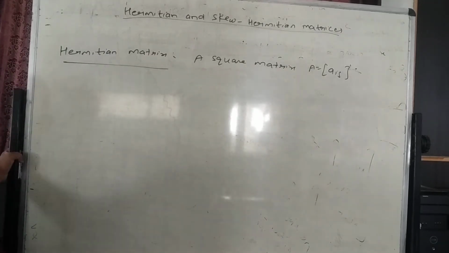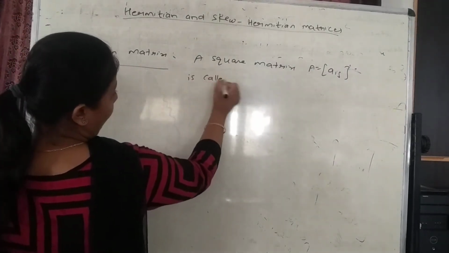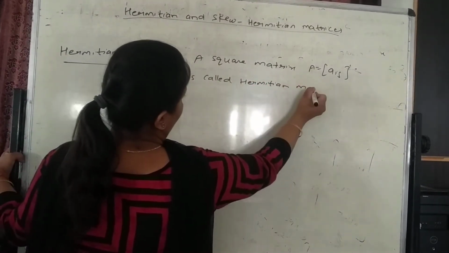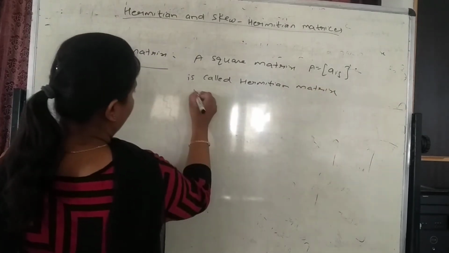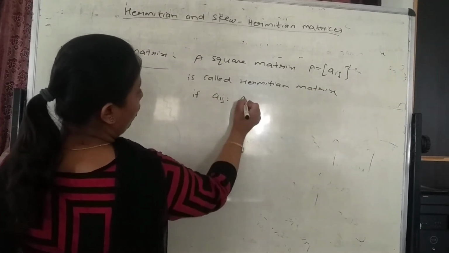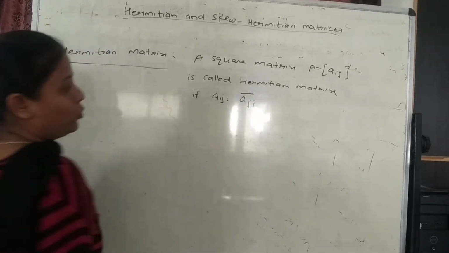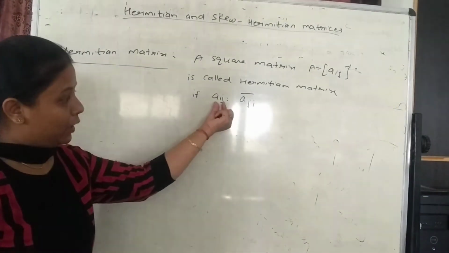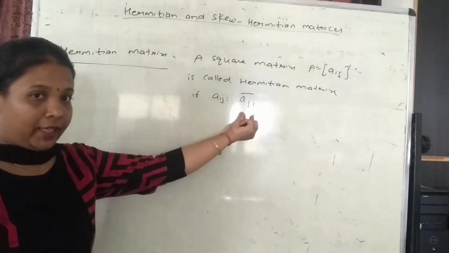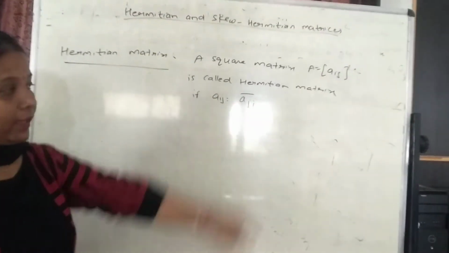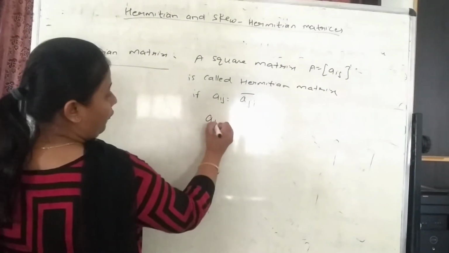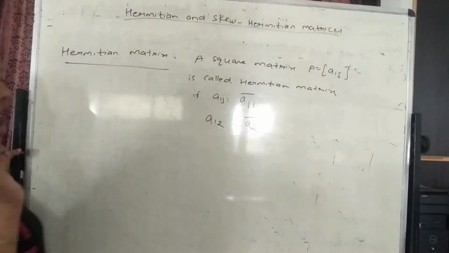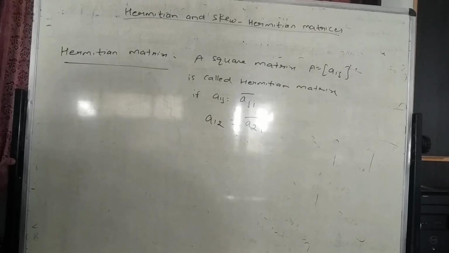A square matrix A is called a Hermitian matrix if Aij is equal to the conjugate of Aji. Here the element Aij will be equal to the element Aji, but by taking the conjugate of that element. For example, if we have the A12 element, it will be equal to A21 by taking its conjugate. I will explain it with some examples.